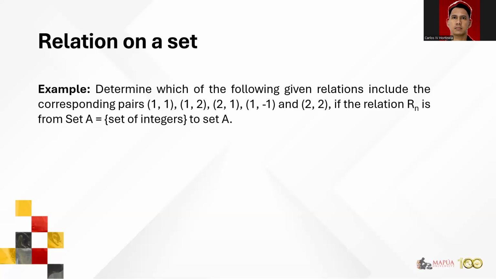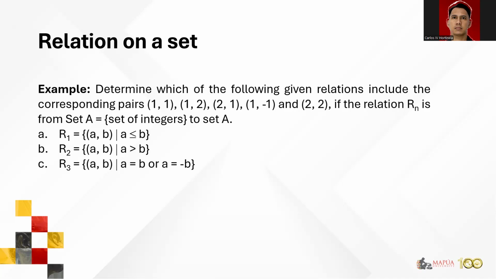I have relation R1 containing ordered pairs wherein A is less than or equal to B. I have a relation R2 taken from set A to set A, comprising ordered pairs wherein A is greater than B. I have relation R3, which contains a pair of integer numbers wherein A is equal to B or A is equal to negative B. Then I have a relation R4, wherein A is simply equal to B. And R5, containing a pair of integers wherein A is equal to B plus 1.